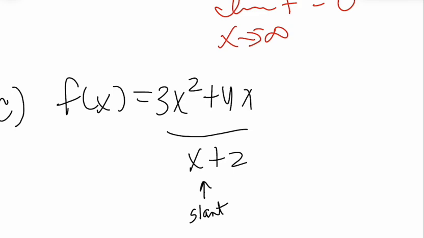Now initially we can still do L'Hopital's rule. We can take the limit of the derivative of it, because we're going to positive infinity over positive infinity. If you do the derivative, you get 6x plus 4 over 1.